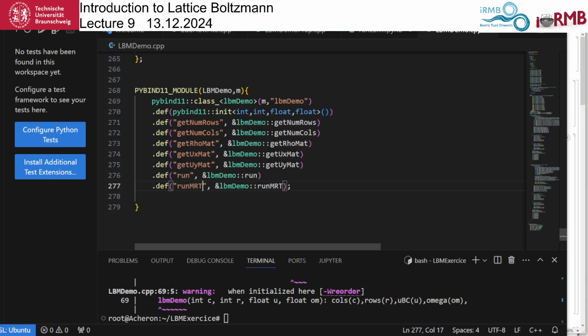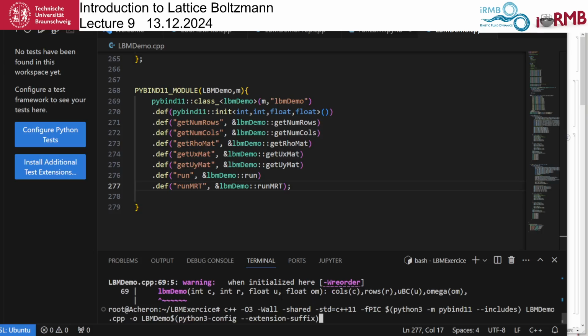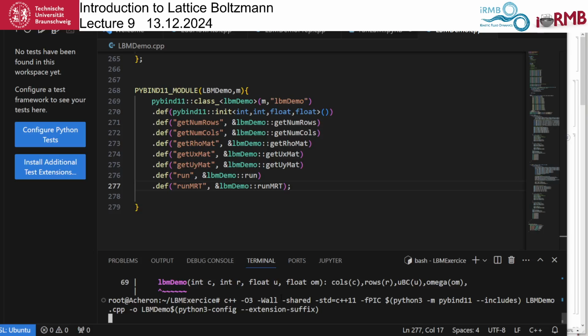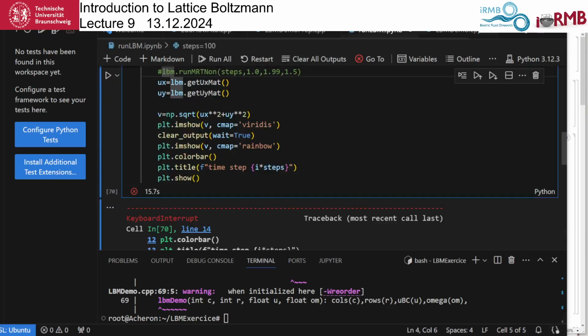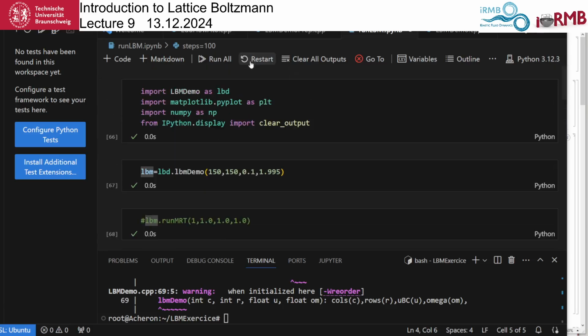Now we have to save and pray that it actually compiles. It never runs the first time. Okay, I did not figure out what these warnings are. Now I have to restart this.